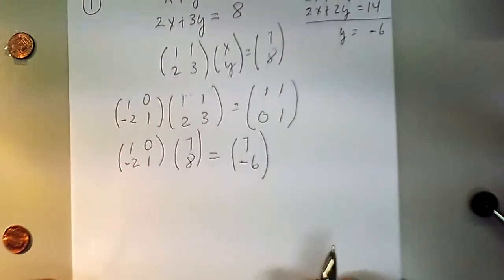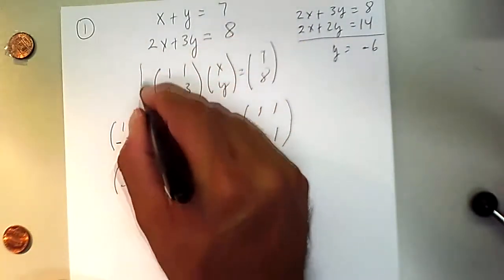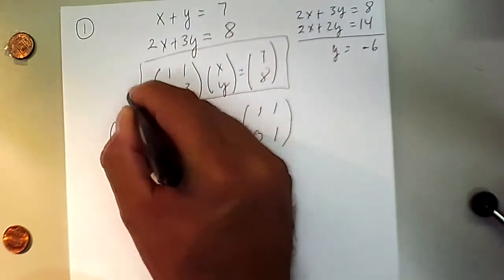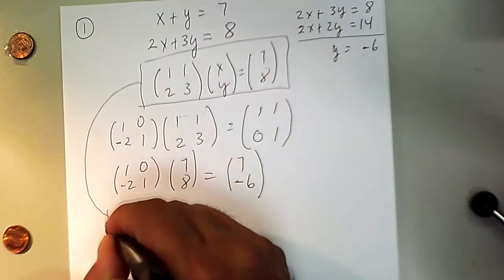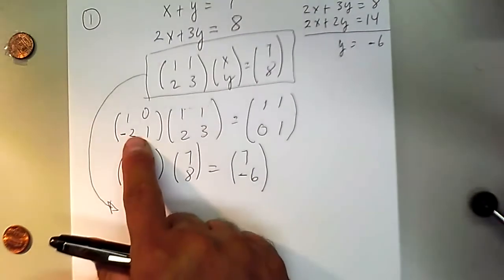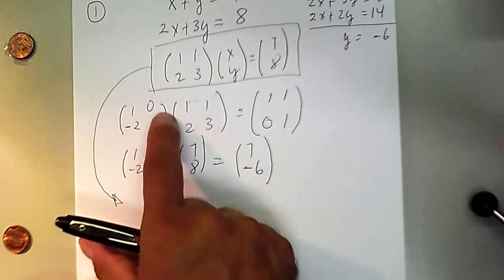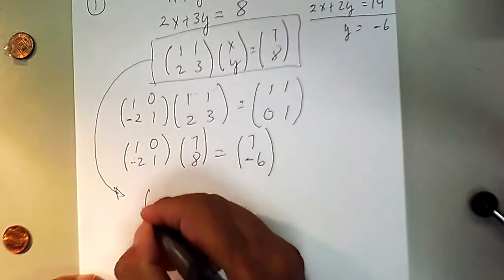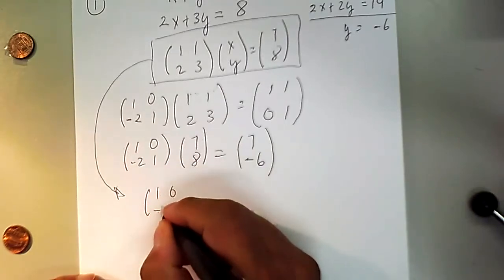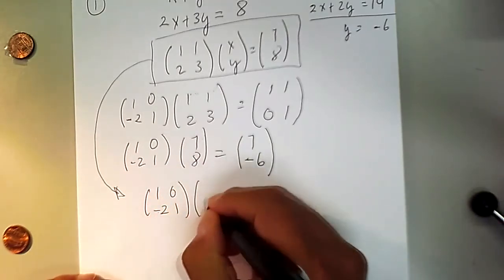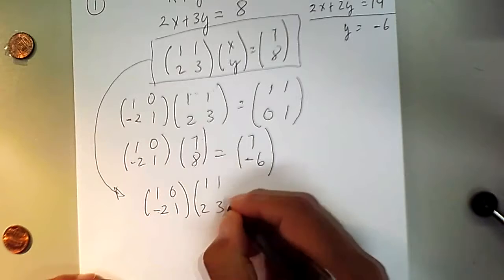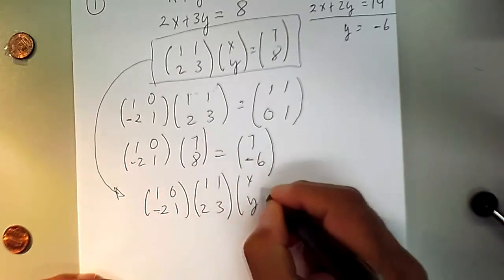All right, so this is what's going on. Take this equation of matrices. We're going to multiply on the left by 1, 0, -2, 1, times 1, 1, 2, 3, times x, y.